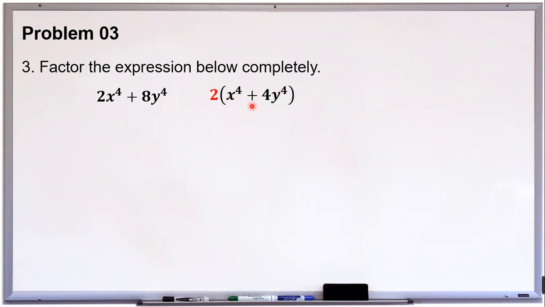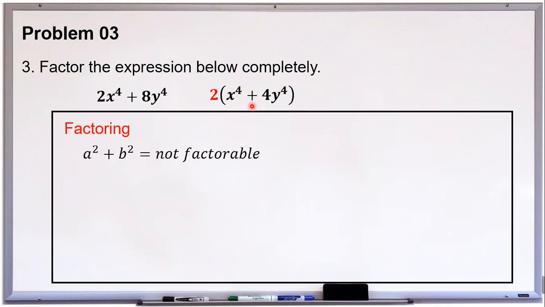Now this expression is similar to the sum of two squares. We all know that x to the fourth is a perfect square because the square root of this one is simply x squared. And we also know that 4y to the fourth is a perfect square because the square root of this expression is 2y squared.